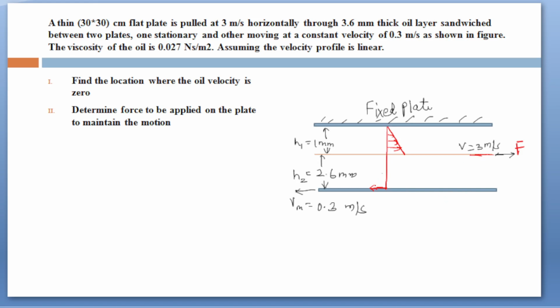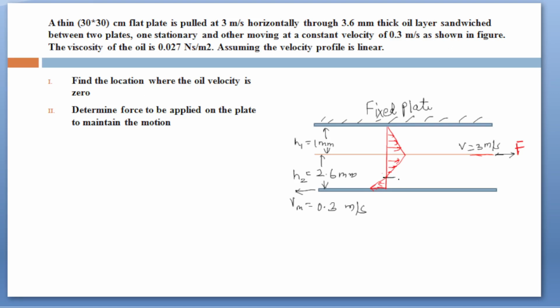These are moving in opposite directions, this one moving 3 meter per second and this one moving 0.3 meter per second. So the velocity profile looks this way.